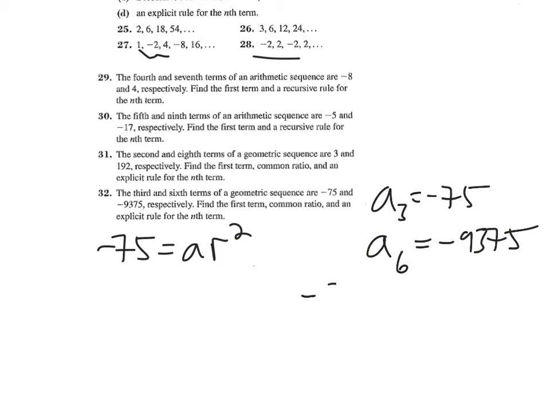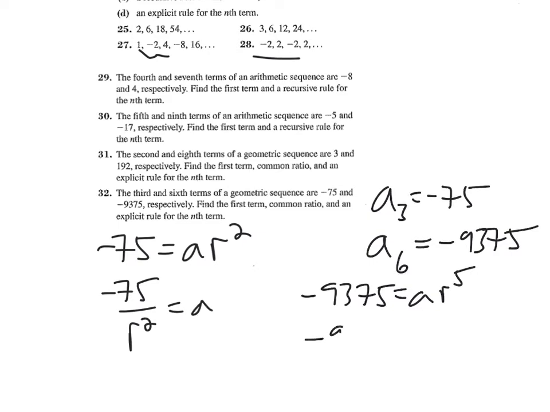And negative 9,375 equals a sub 1 times r to the 5th power, right? So this is a little different, but not much. Can't we just divide both sides by r squared? Then come over here and say this number equals negative 75 over r squared times r to the 5th.